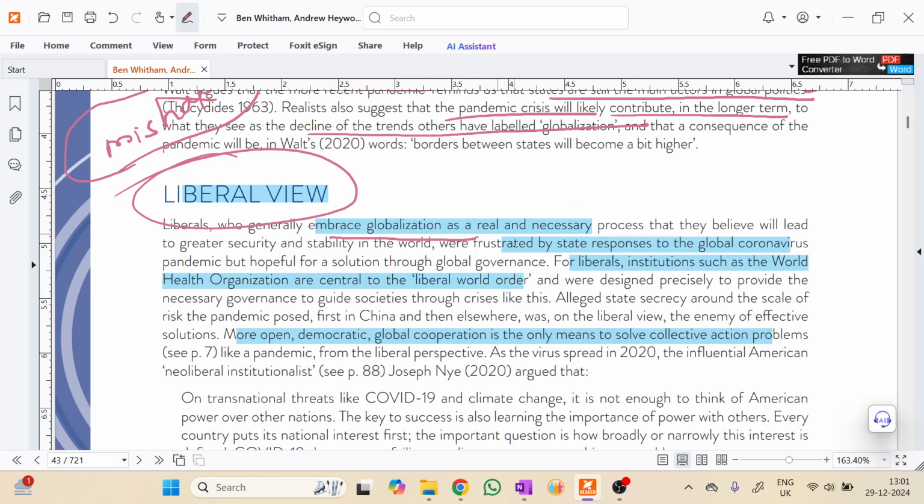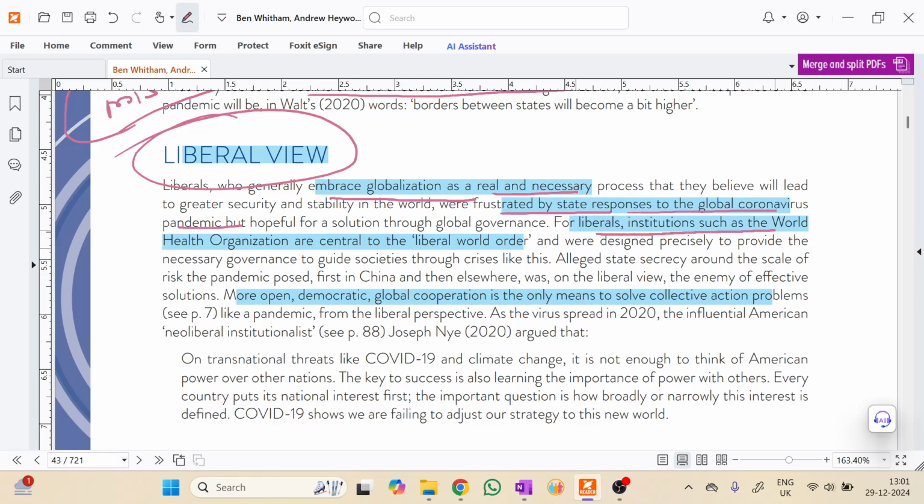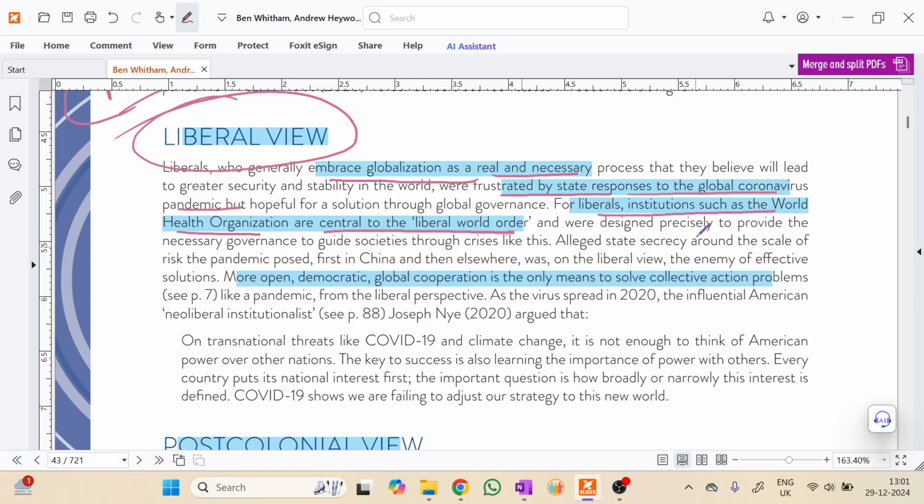And let's have a look at the liberalist view. Liberalism, which embraces globalization as real and necessary, was also frustrated by state responses to the global coronavirus pandemic, the COVID-19 pandemic. For liberals, institutions such as the World Health Organization are central to the liberal world order.